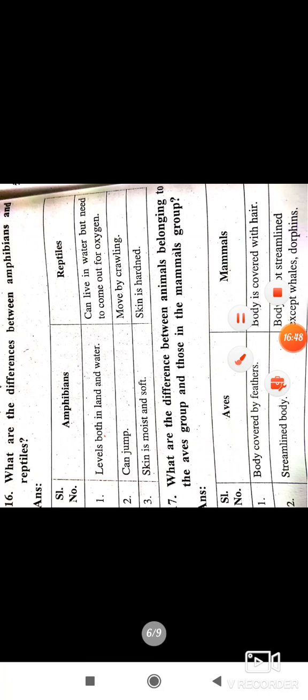So amphibians and reptiles. Amphibians live both on land and in water. So those animals are called amphibians. They can live in water but need to come out for oxygen. Amphibians jump. Reptiles move by crawling.